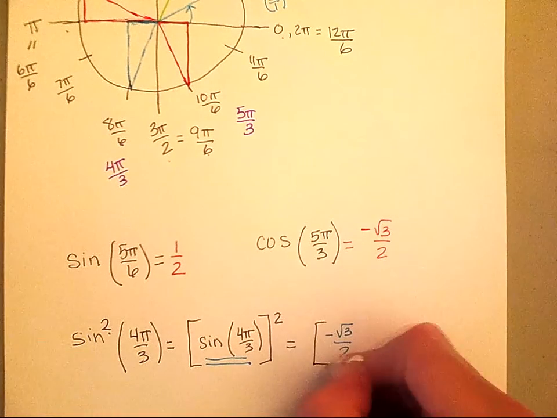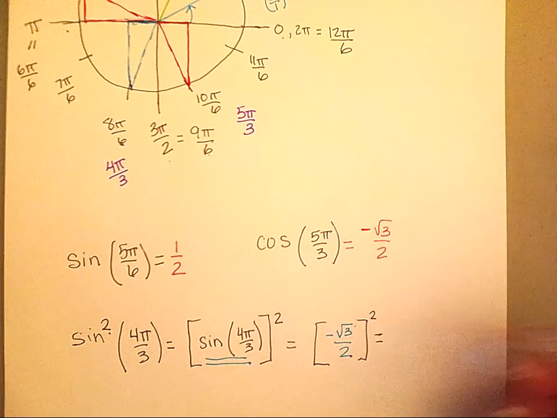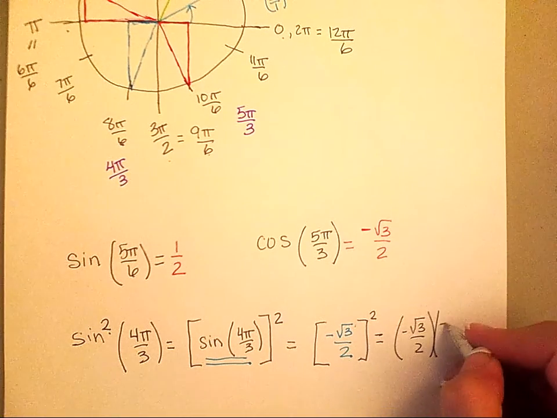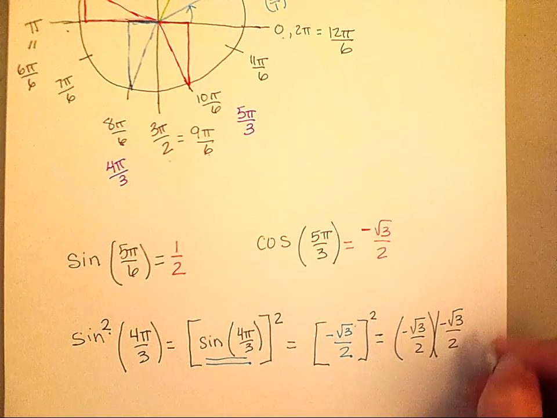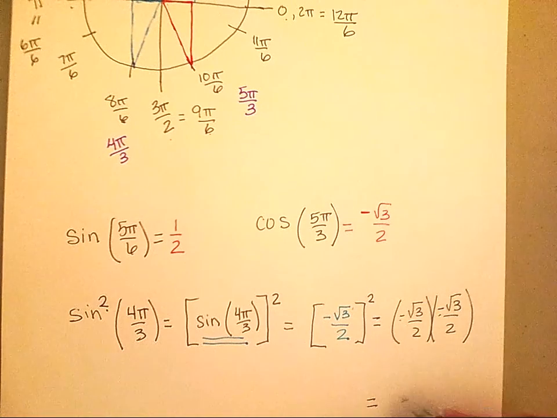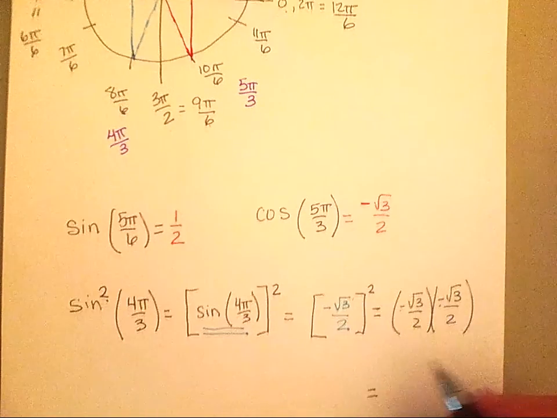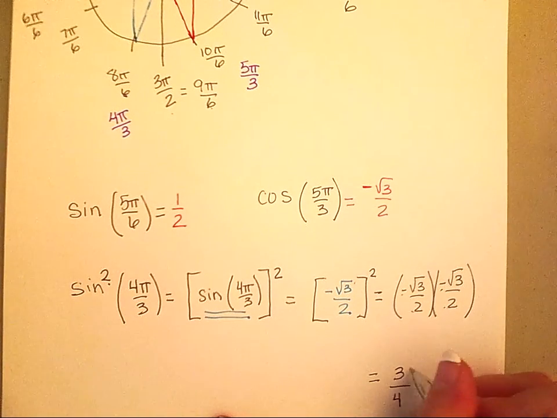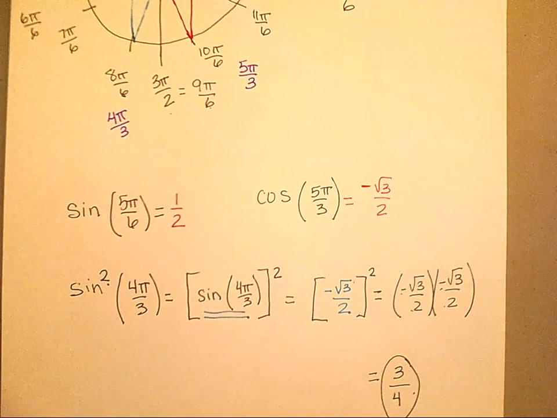And then we have to square that. So that's negative square root of 3 over 2 times negative square root of 3 over 2. The negative and negative become positive. Square root of 3 times the square root of 3 is 3, and 2 times 2 is 4. So that's how we would do that one.